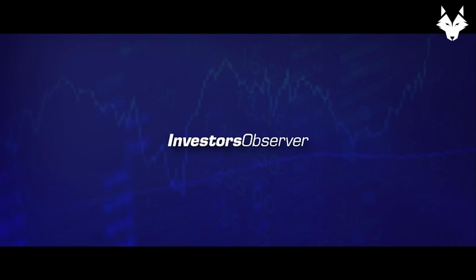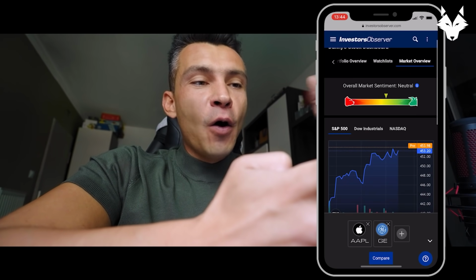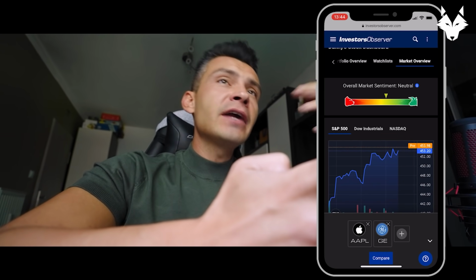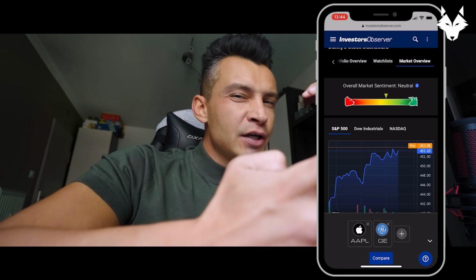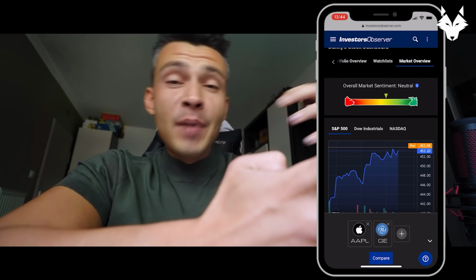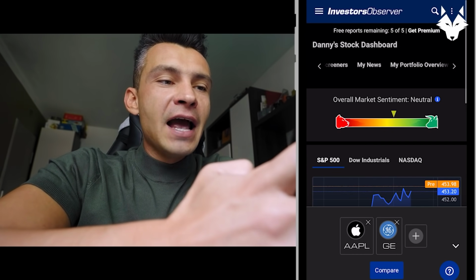So let me show you inside Investors Observer how easy it is to use and which functions you actually have. Once logged in, you have the overall market sentiment. This is very helpful to understand whether the market is rather bullish or more bearish. You have the main indexes, and then single stocks.